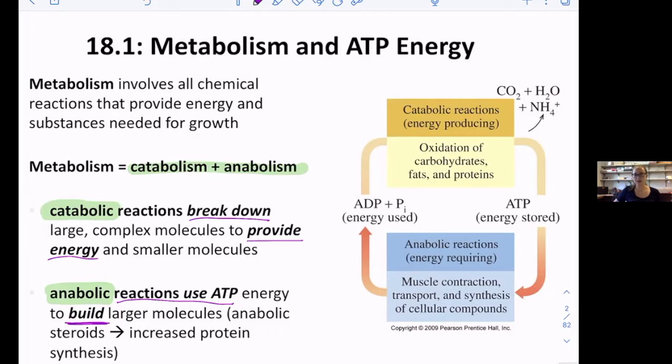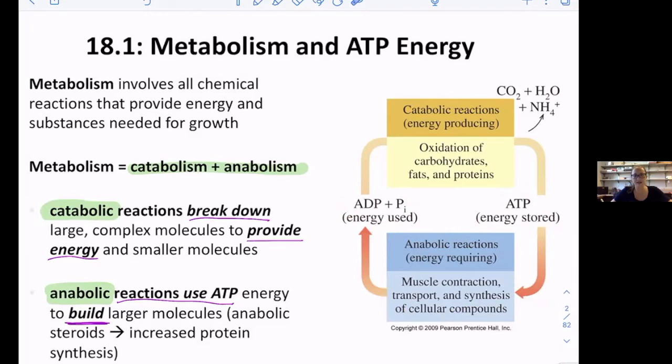So I like using this particular visual here. If you have ATP, which means that you have stored energy, we'll see what that is in just a moment on the next slide. ATP is our storage of energy. Then an anabolic reaction, such as a muscle contraction, transport, synthesis of cellular compounds, all of those kinds of things, forms ADP and a phosphate.